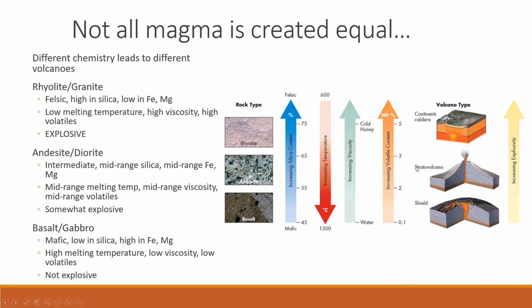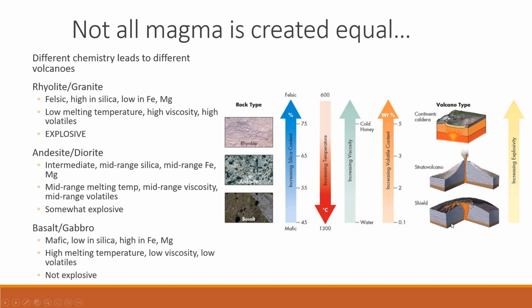So an andesite and diorite is going to create what we typically think of as a volcano, that nice pointy mountain that periodically blows its top. The felsic compositions, our rhyolites and granites, are going to come from those large, what we call continental calderas. They change the landscape of a region when they erupt. Luckily, we don't have any current ones that do this.